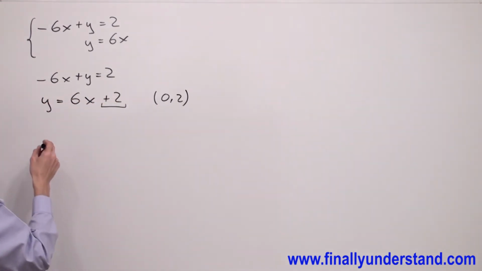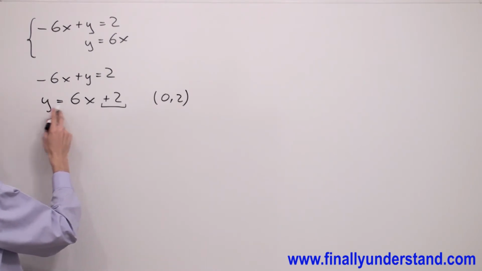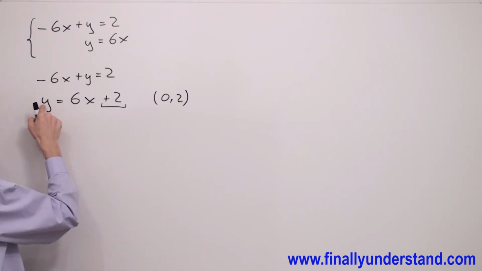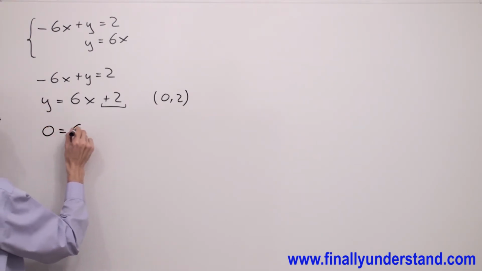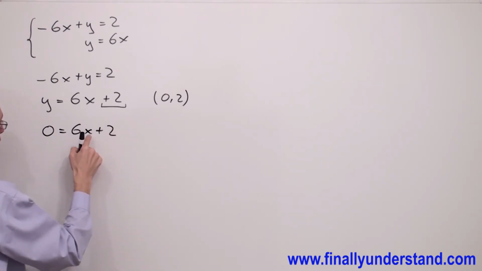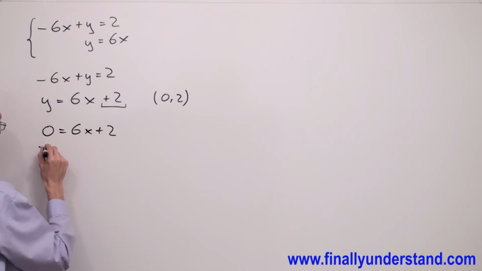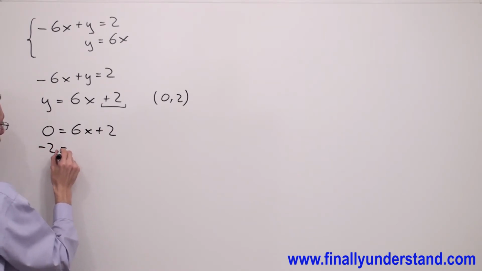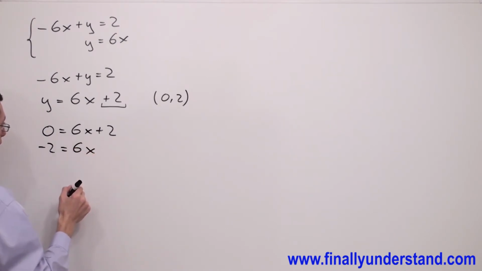So I have to find the x-intercept. In order to find the x-intercept for this equation, I'm supposed to substitute y by 0. So 0 is equal to 6x plus 2. In order to find x, I'm going to move 2 to the left side and I'm going to have negative 2 is equal to 6x.